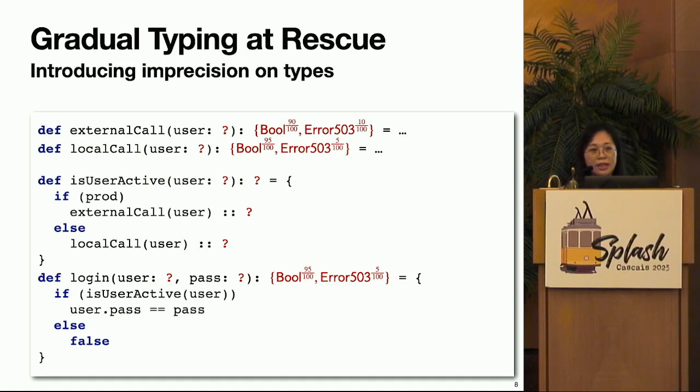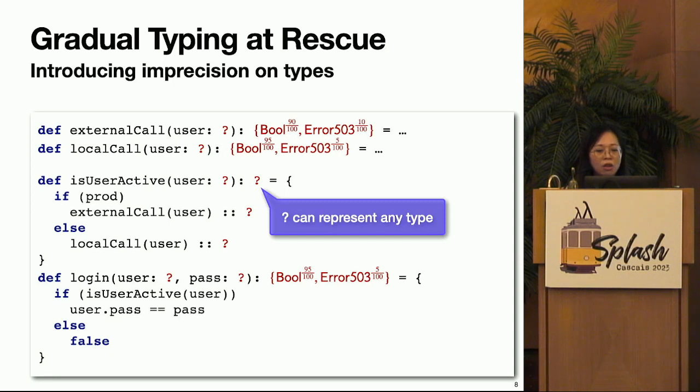To address this, you have gradual typing, where you can use unknown to represent any type, because any type causes error. So instead of fixing is user active with a 90% probability, you can set it as unknown while you are in development mode.